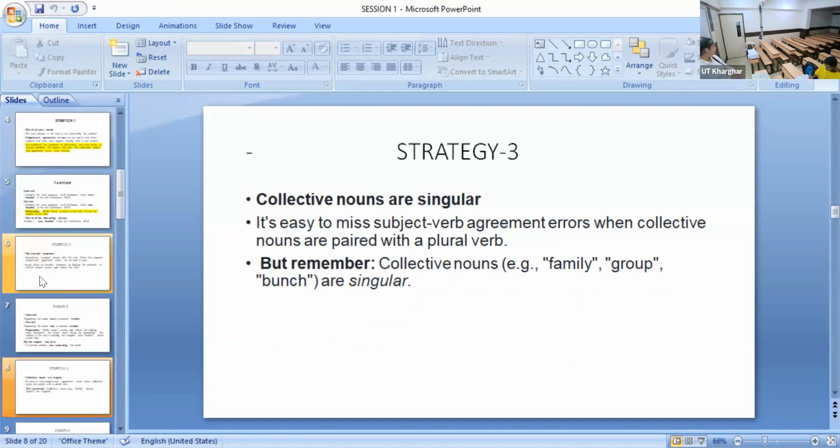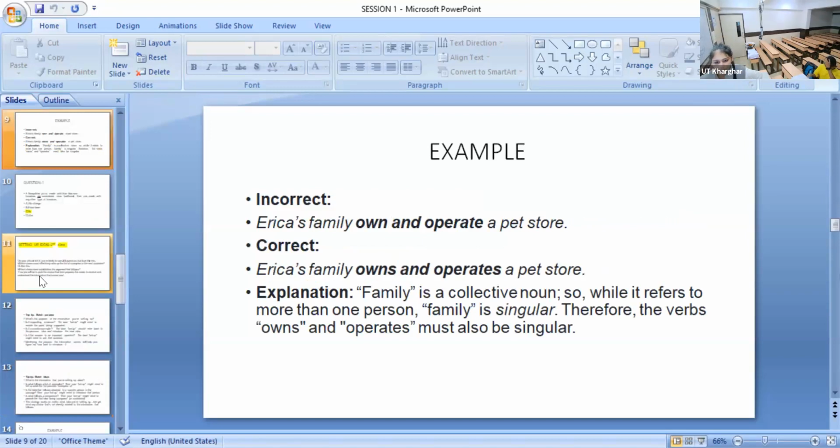Be very careful with these words. Incorrect and the correct.